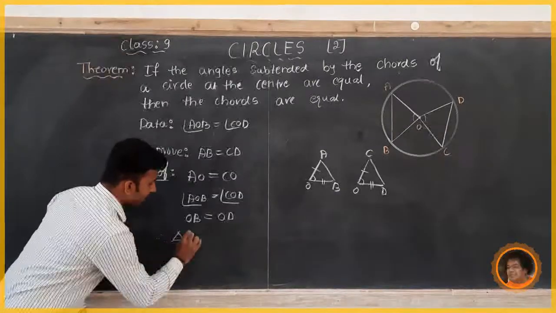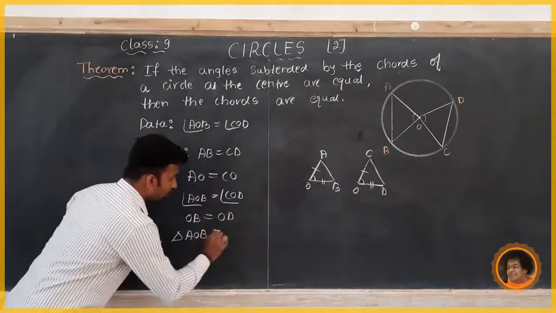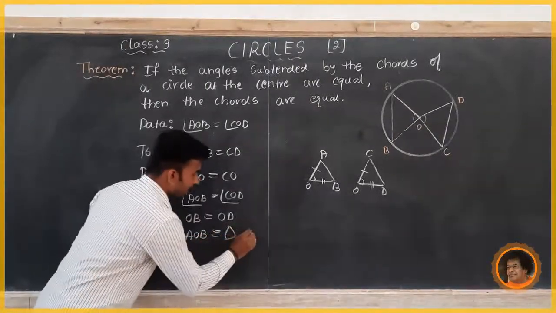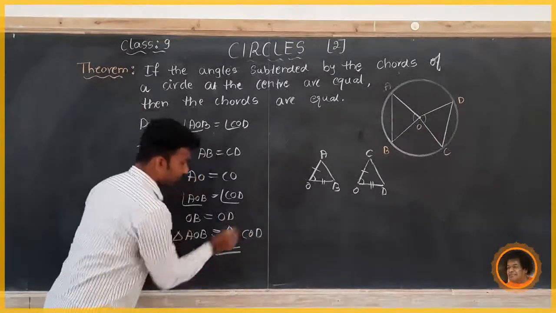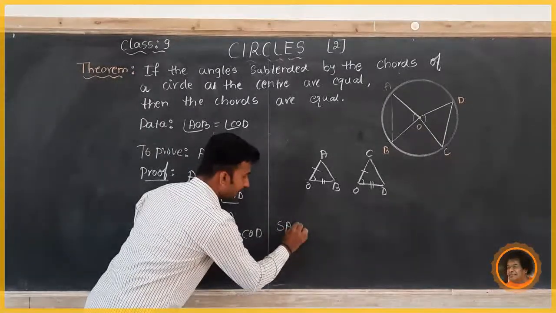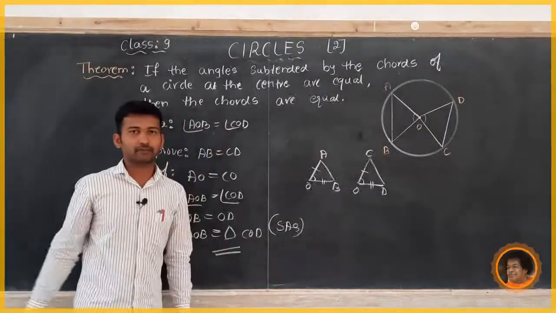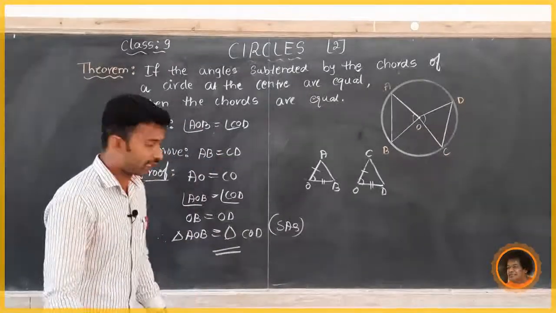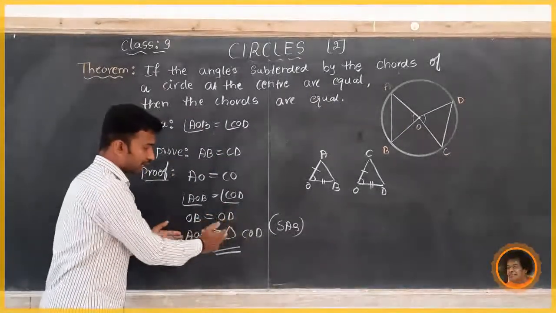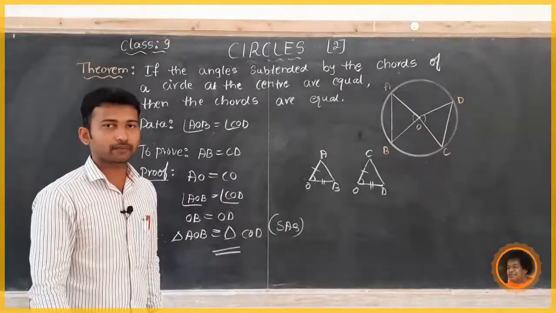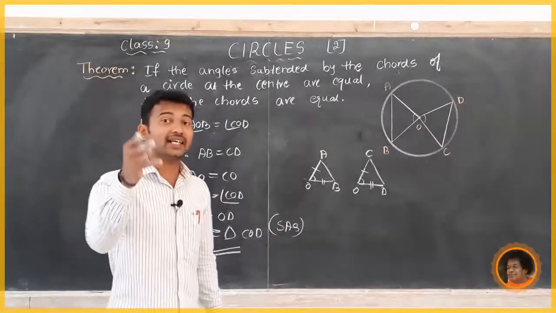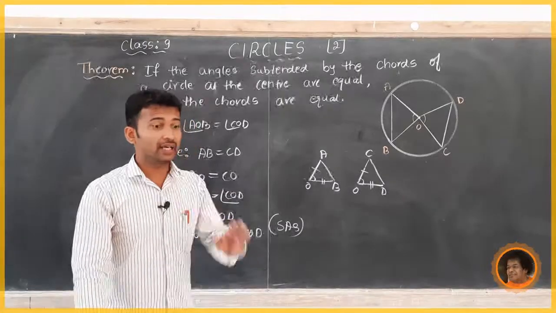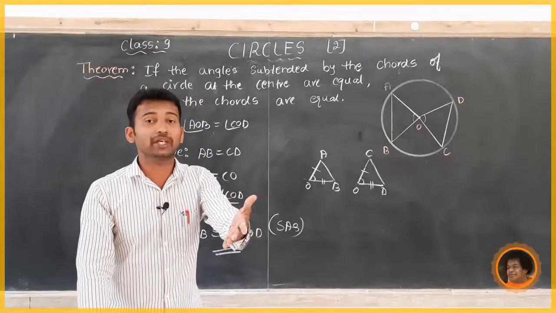Therefore, triangle AOB is congruent to triangle COD by using the SAS postulate. The SAS postulate proves the two triangles are congruent. If two triangles are congruent, then the rest of the elements are also equal.